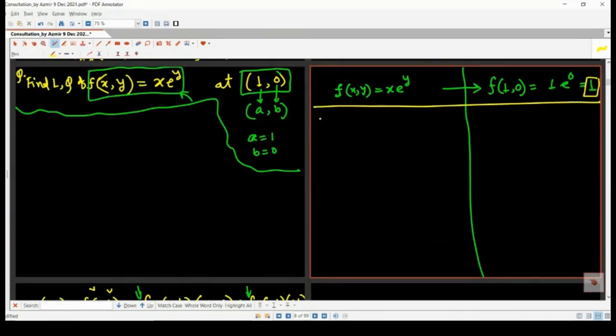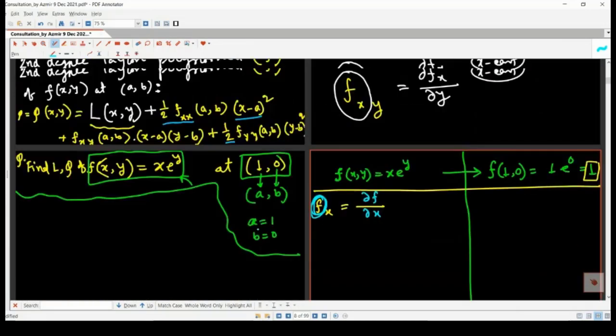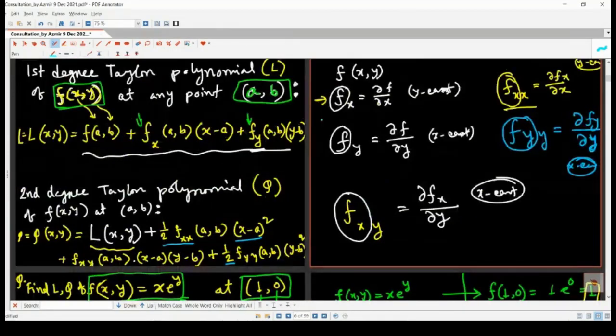So f sub x means we have to differentiate f with respect to x. You can understand one thing, that every time for partial derivative I am using a circle here. I have used this type of notation just to understand which function is to be differentiated.